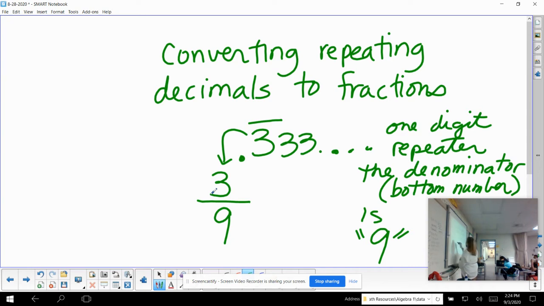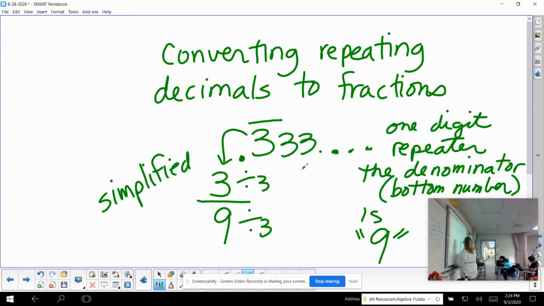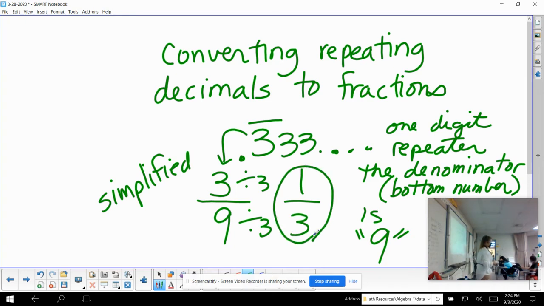They're looking for the simplified, so they want these numbers to be as small as possible. So we divide stuff out. It's kind of like squeezing a sponge. We squeeze as much out as we can. We're going to squeeze a 3 out of both the top and bottom. So 3 divided by 3 is 1, and 9 divided by 3 is 3. And that's the answer that Khan Academy is looking for.